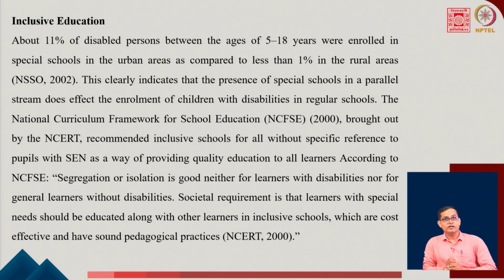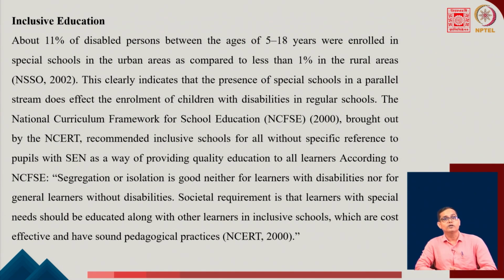About 11% of children with disabilities between the ages of 5 to 18 years were enrolled in special schools in the urban areas as compared to only 1% in the rural areas, as per NSSO data 2002. This clearly indicates that the presence of special schools in a parallel stream does not affect the enrollment of children with disabilities in regular schools.